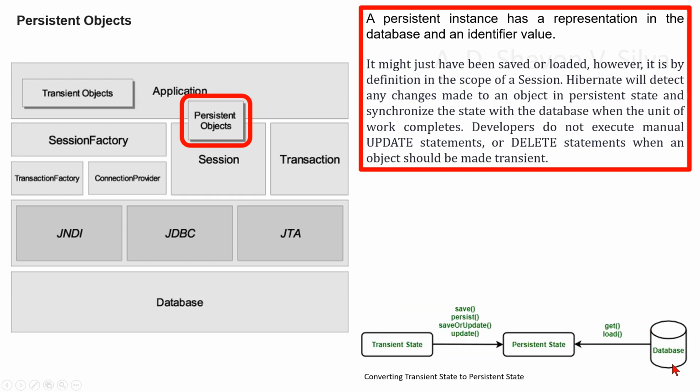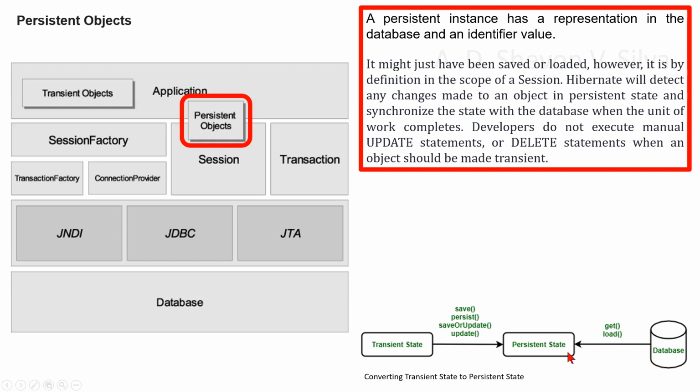Here you can see converting transient state to persistent state. Here you can see using the Hibernate session, save the entity object into the database table. Here you can see using the Hibernate session, load the entity object from the database table.